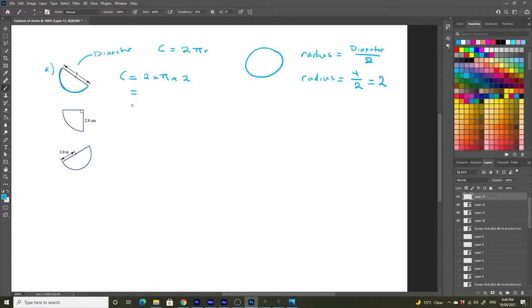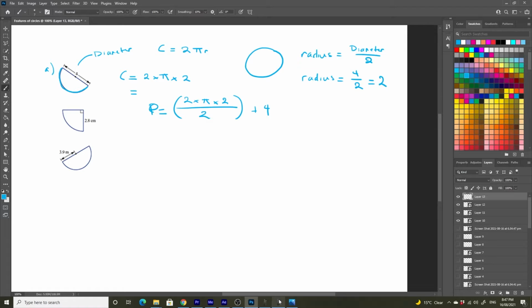So to find half of the circumference, we would do 2 times pi times 2, over 2. And then we would add on the extra 4 units of our diameter, which would be the perimeter of the entire semicircle.